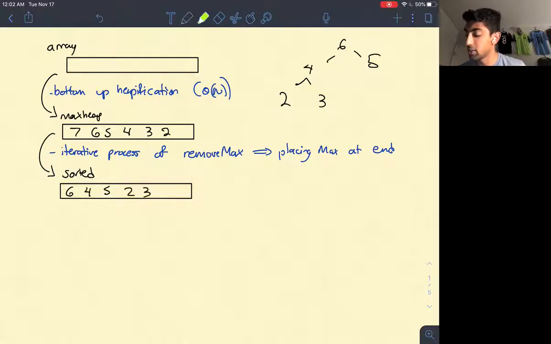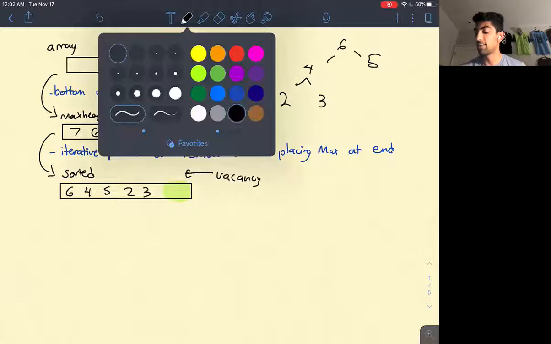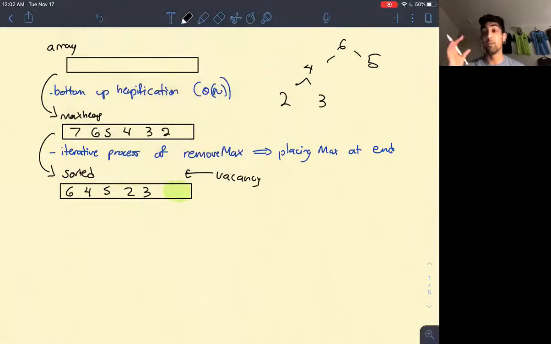And now what's really cool about heap sort is we have this vacancy at the end of the array. And what's amazing about that is now we have this open spot at the end of the array. So what are we going to put there? Let's put 7 there.